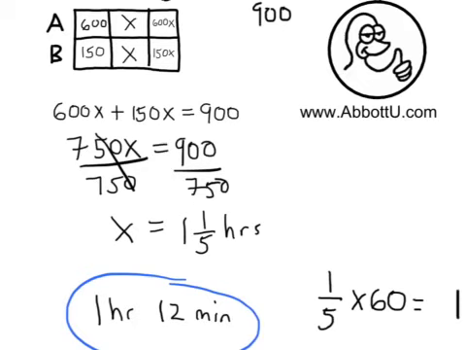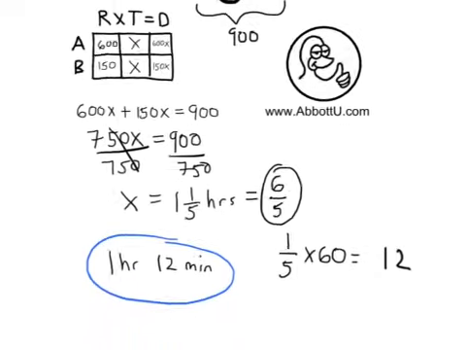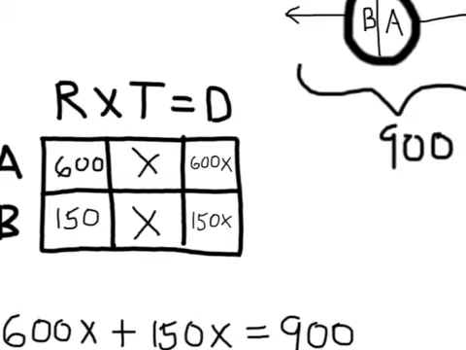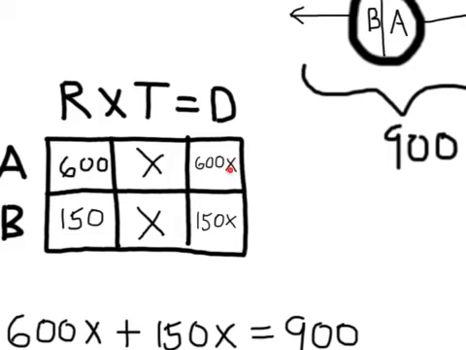I think at this point it's probably a good idea to convert this 1 1/5 to an improper fraction. Now that does indeed equal 6/5. I made brief mention of that before. So 1 1/5 equals 6/5. So that means this x right here is 6/5.